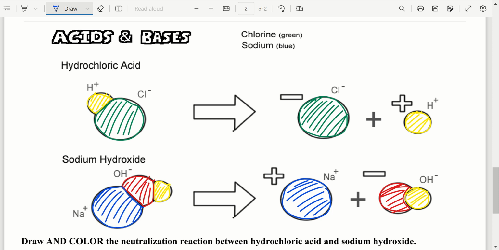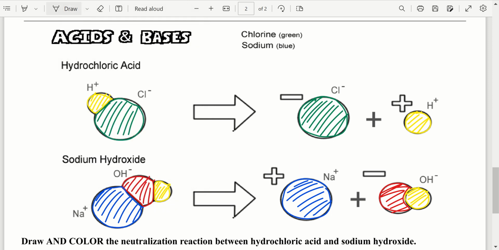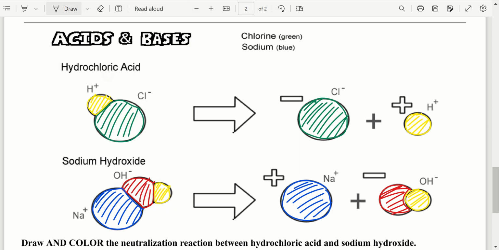Okay. So something else that I want to point out to you is that charge is always balanced, because we have conservation of atoms. So we have the same number of atoms on both sides, but we have conservation of charge. So let me just switch to a different color so as to not confuse you. So I have a positive 1 and a negative 1, which is 0.